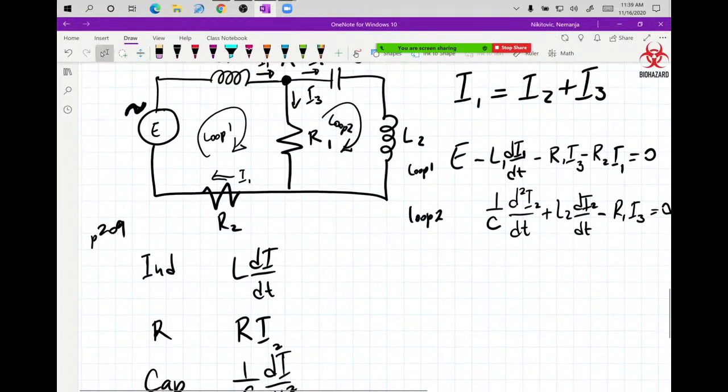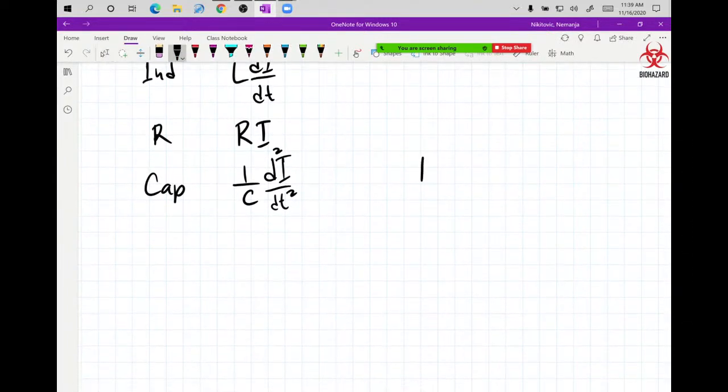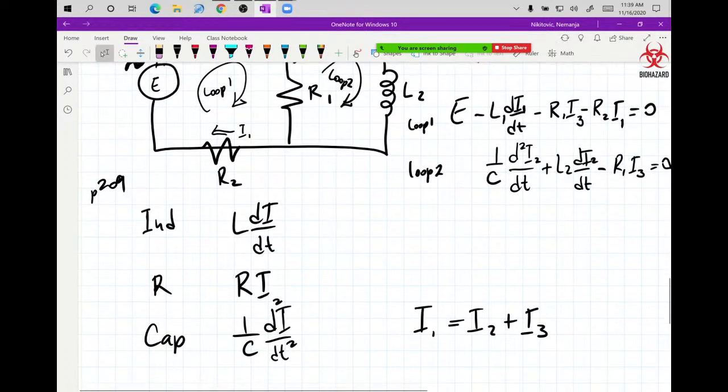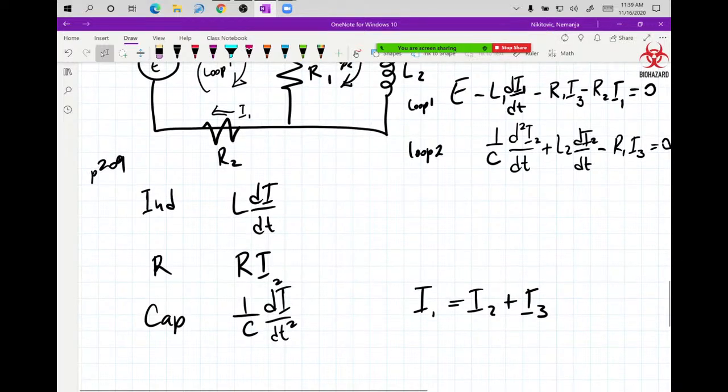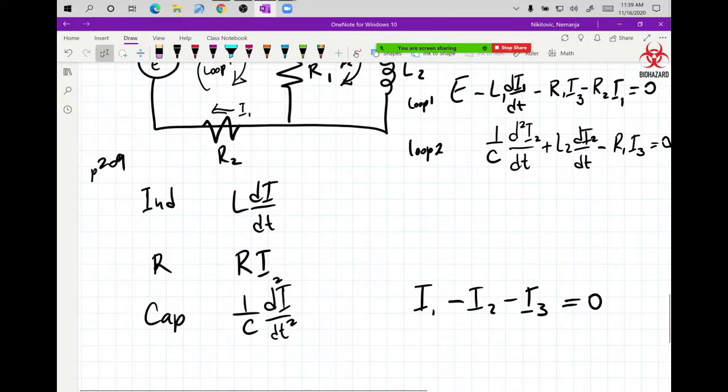So what do I have? I have I1 is equal to I2 plus I3. That's one equation. And then now I have these equations here, and I have the first derivative. As you can see now, I have to push E to the other side. Well, actually, if I do this, then this is equal to 0. There we go. And then I have I1, which has the derivative in it.